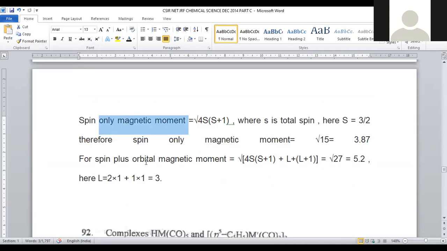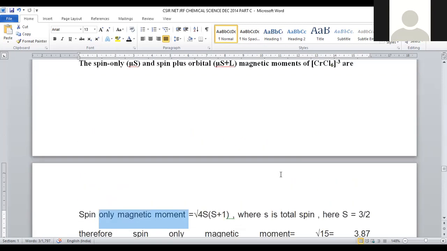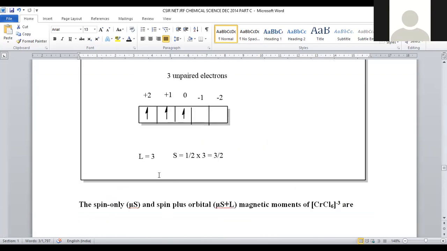Let us go with spin orbit coupling. For spin orbit coupling, the formula root of 4S(S+1) plus L(L+1) can be employed. S is already known to us, that is 3 by 2. Then how can we predict the L value? L is the angular momentum quantum number.